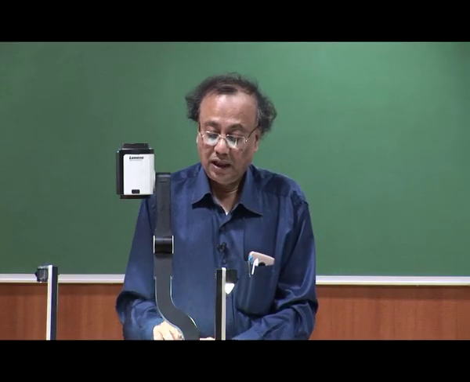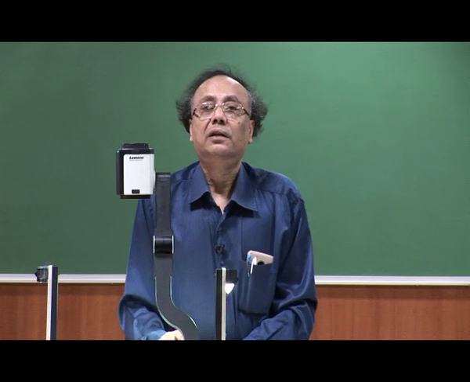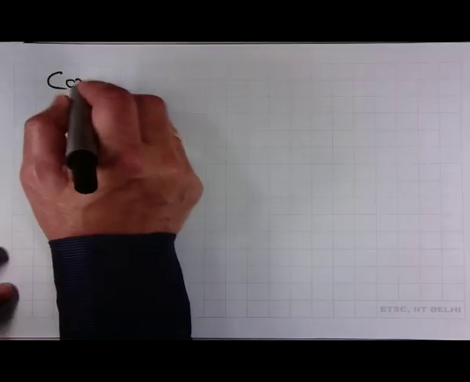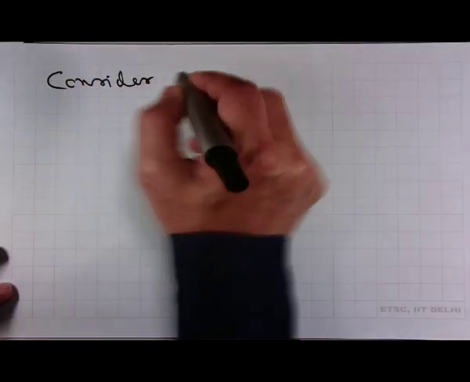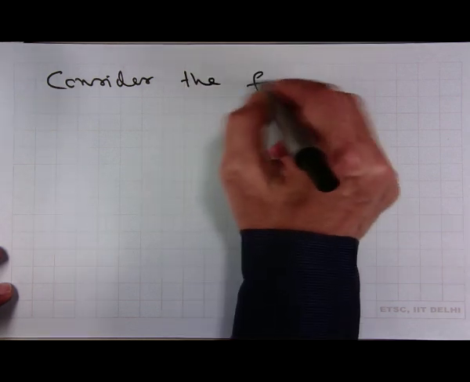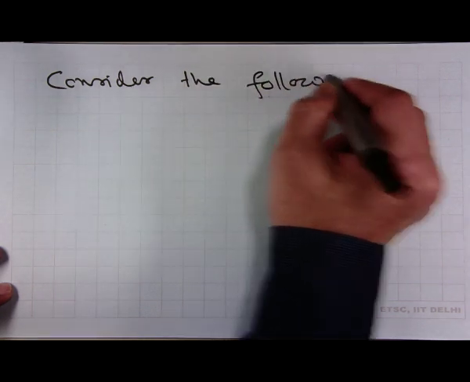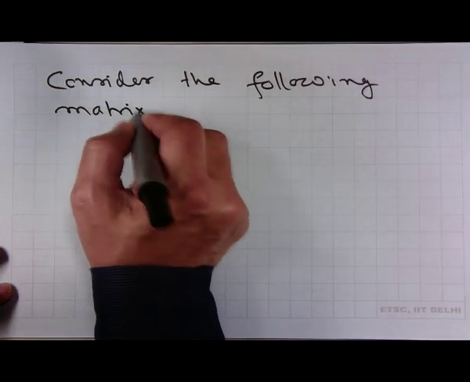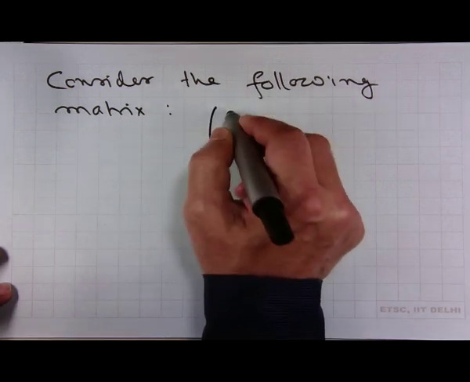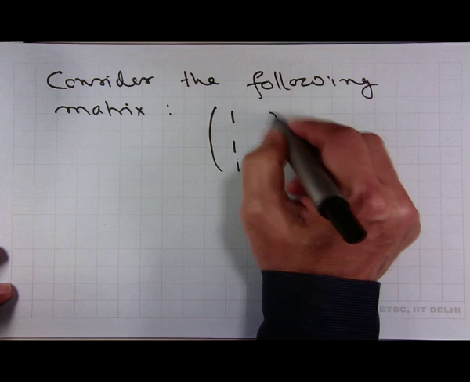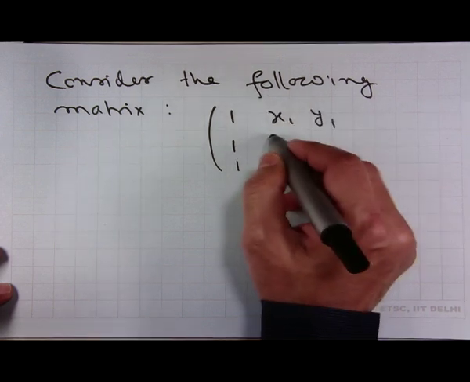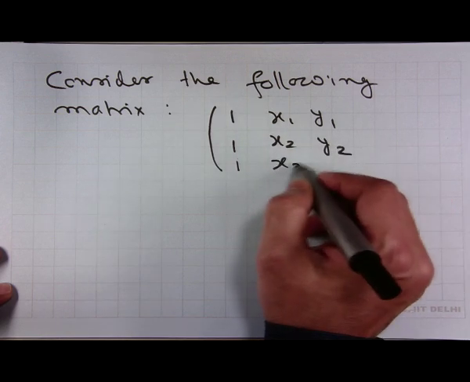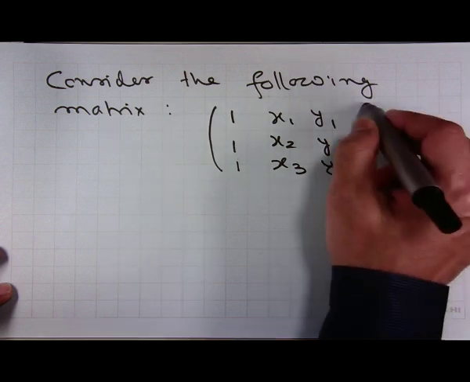The question is how we can see it from a determinant perspective. Consider the following matrix: 1, x1, y1; 1, x2, y2; and 1, x3, y3.